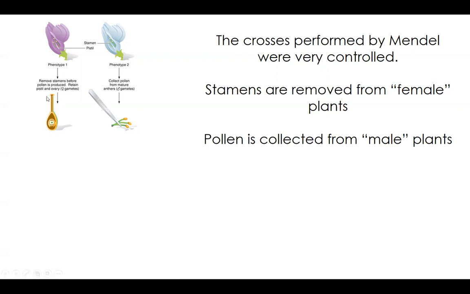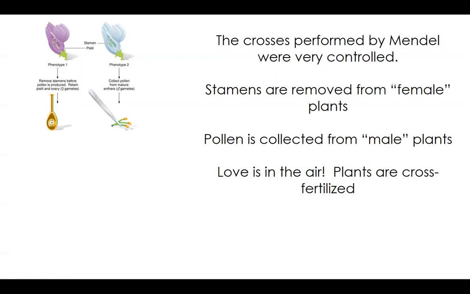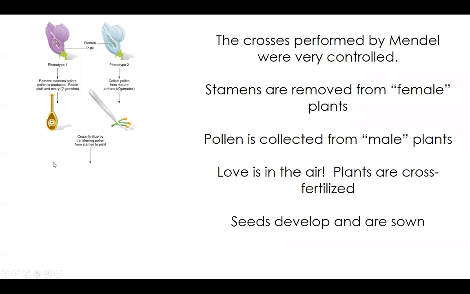We remove the stamens from the female plant, leaving only the pistil. We then take pollen from our male plant and specifically pollinate this female. We sprinkle a little bit of pollen, and then we know that if this particular cross results in offspring, it will be specifically a cross between these 2 plants.